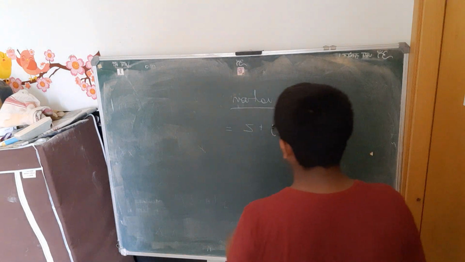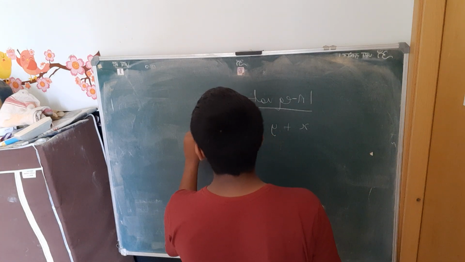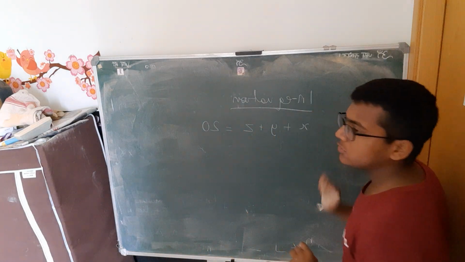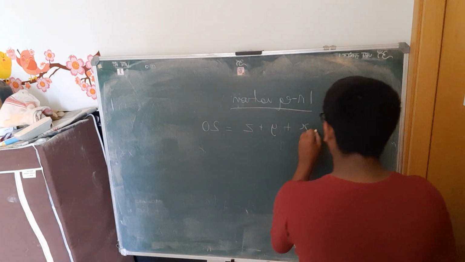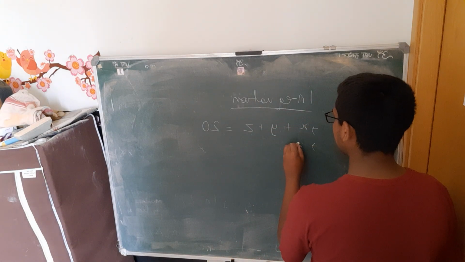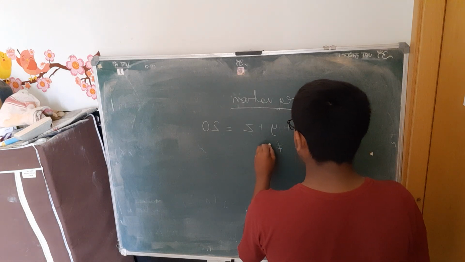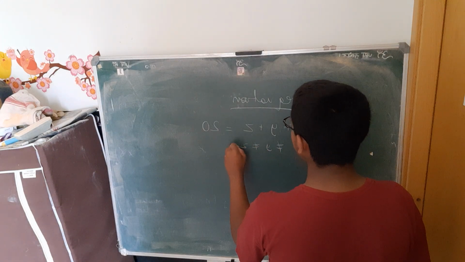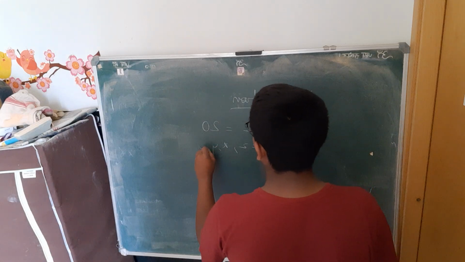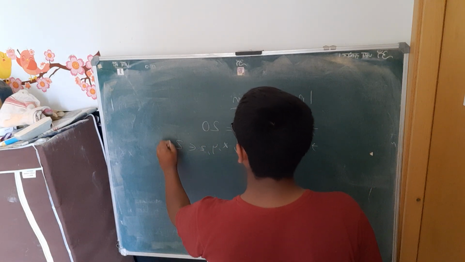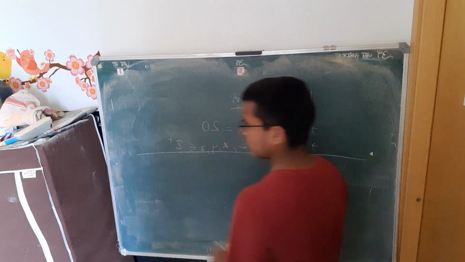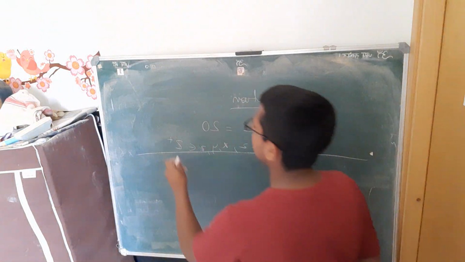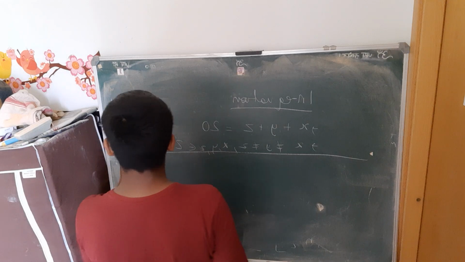So we need to find the values of x, y and z, where x plus y plus z equals 20, with 2 conditions: x is not equal to y is not equal to z, and x, y, z are all members of positive integers. Positive integers, or you can obviously write N instead, natural numbers.